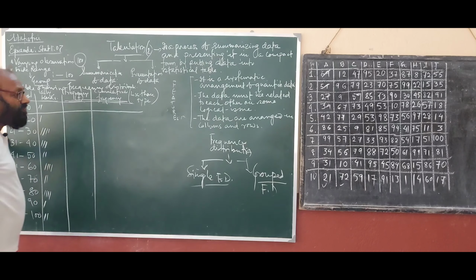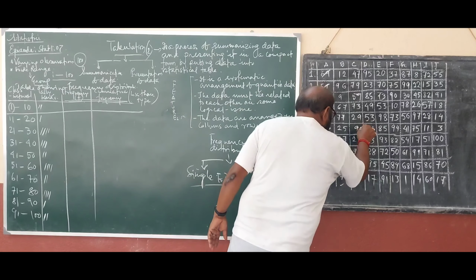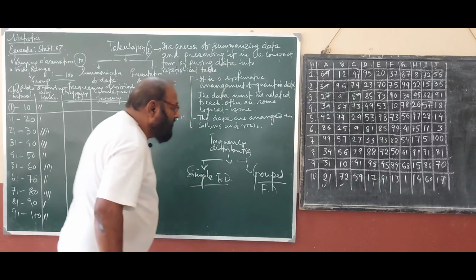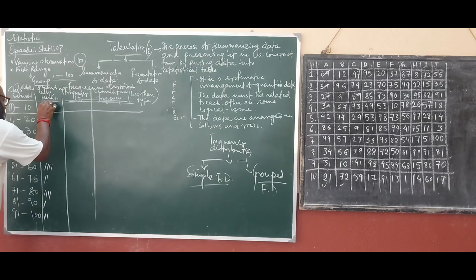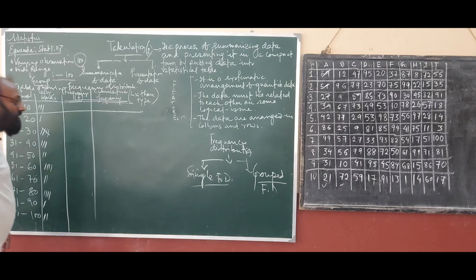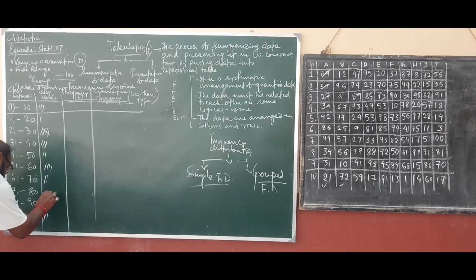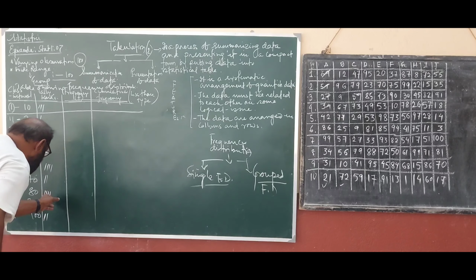Clear? 9, 27, 79. Let us cut these. 9, 27, 79, 79. So again I am grouping it. Okay, 4 is done, this is the fifth.